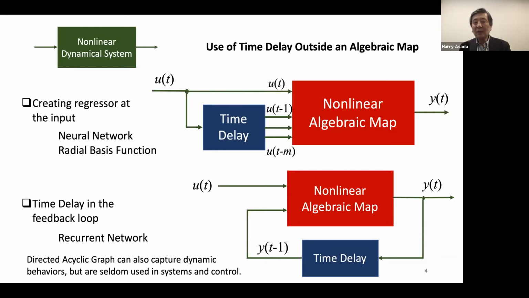In fact, the time delay is used in the forward pass. This technique is called a directed cyclic graph, which can capture some of the dynamics, but is not well used in the systems and control literature. So we focus on these methods.